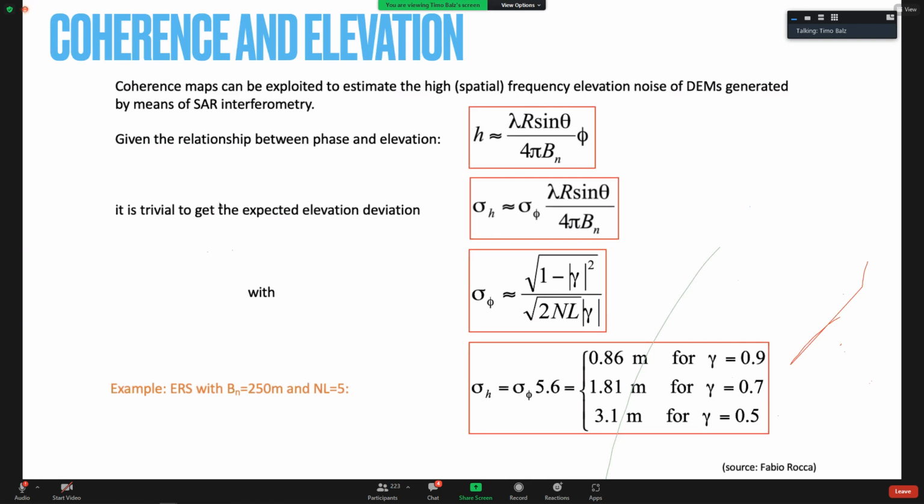But if we have a coherence of just 0.5, then we already have a much higher error of probably about 3 meters. So we want to have very, very good coherence so that we do not have much noise in it, so that we get good and meaningful results to create our DEM or also our motion, if we talk about that. So the coherence is very, very important.